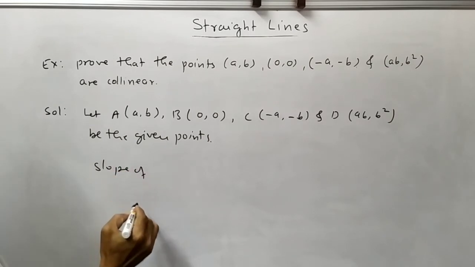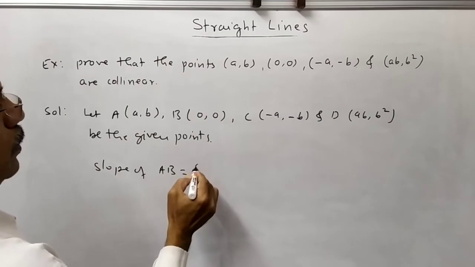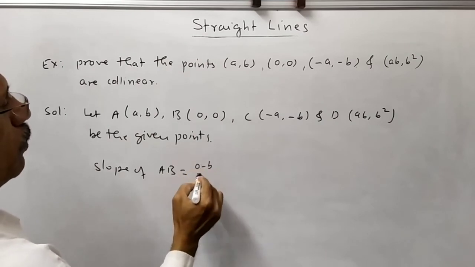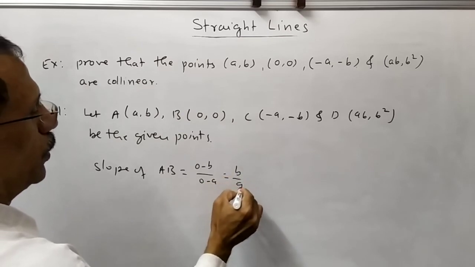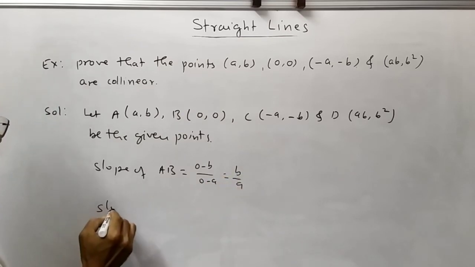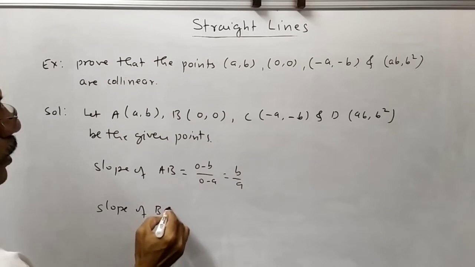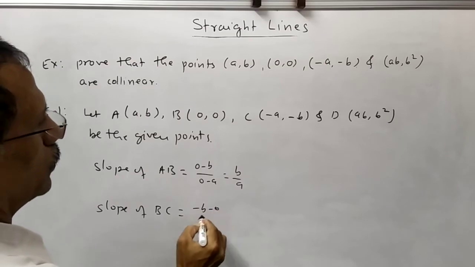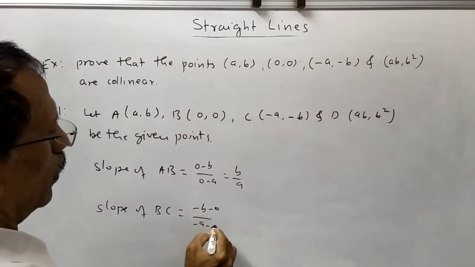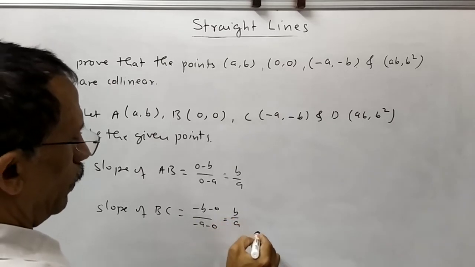Slope of AB is equal to 0 minus b divided by 0 minus a, which is equal to b by a. Slope of BC is equal to minus b minus 0 divided by minus a minus 0, which is equal to b by a.